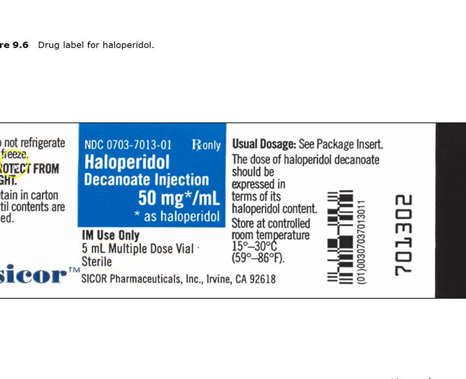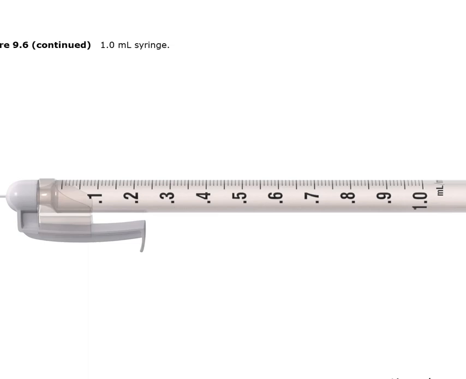It tells you that we do not refrigerate or freeze, protect it from light. So those are things that are really important that we need to know as nurses. So always review that label of the medication, because there might be some very important information that you need to know before you administer it to your patient.